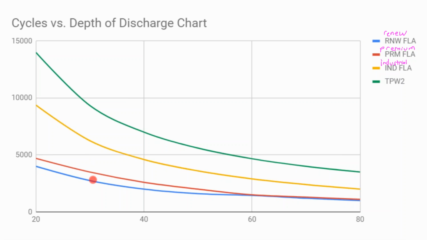The bottom line here is what is commonly marketed as a renewable flooded lead acid battery. The next line up is often what is marketed as a premium flooded lead acid battery. Up at the top, this orange line is where the industrial flooded lead acid battery comes out to be.